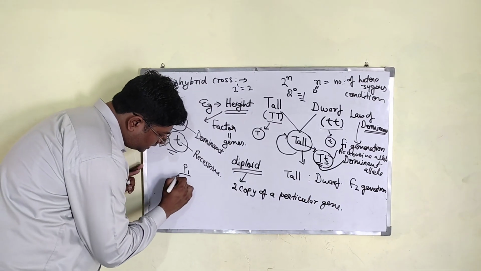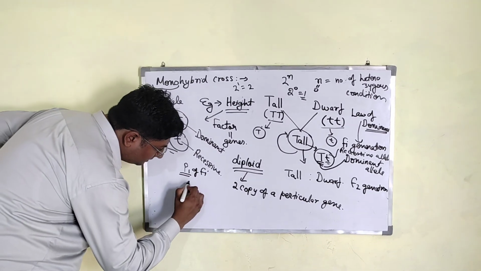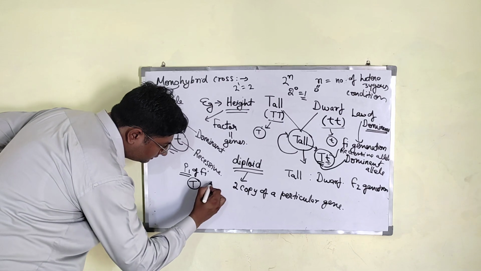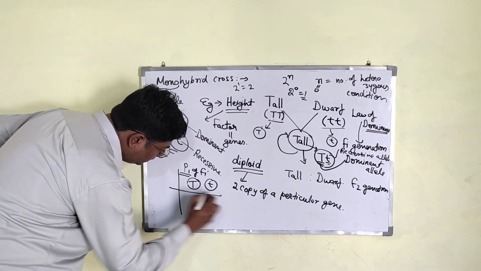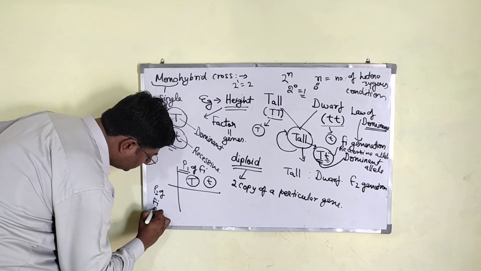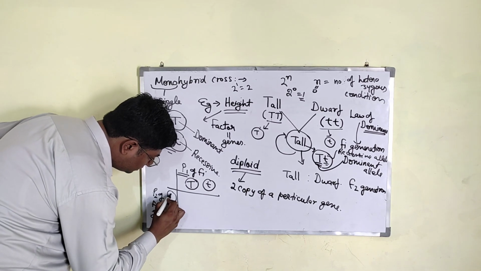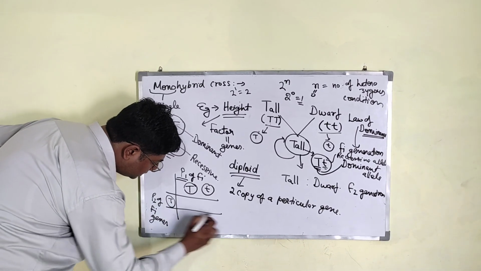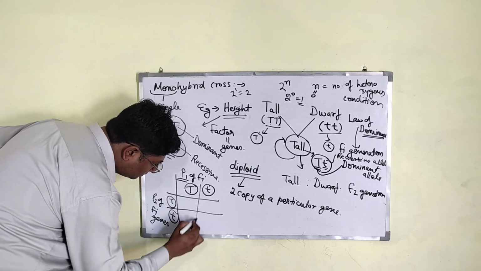So for plant 1 of the F1 generation, the two types of gametes are capital T and small t. Similarly, for plant 2 of the F1 generation, there are two types of gametes, capital T and small t.